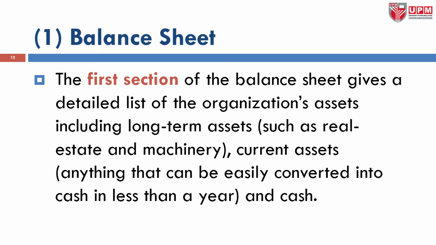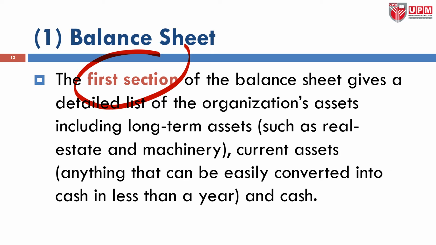What is the content of a balance sheet? There are three main sections. The first section of the balance sheet gives a detailed list of the organization's assets, including long-term assets such as real estate and machinery. We also put down the current assets, anything that can be easily converted into cash in less than a year, and also cash.